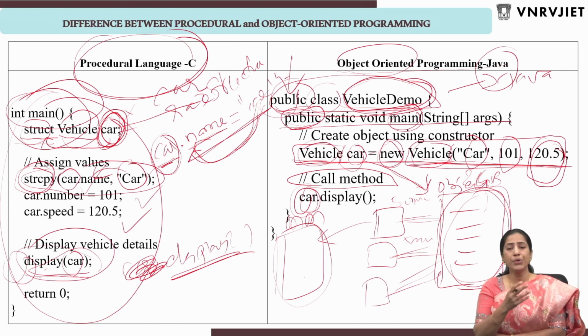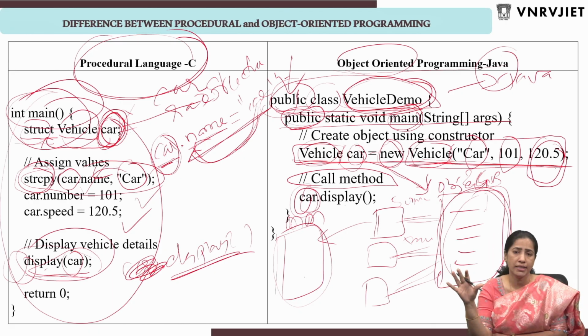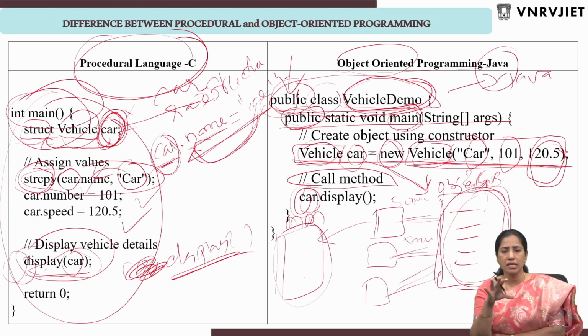So it cannot plug and play on any hardware platform; that's how it is dependent on hardware compatibility. Whereas the Java program is not dependent on hardware compatibility because it converts the high level to bytecode. Bytecode can run on any hardware platform. That's how it becomes platform independent. So these are the basic differences between C, C++ and Java.